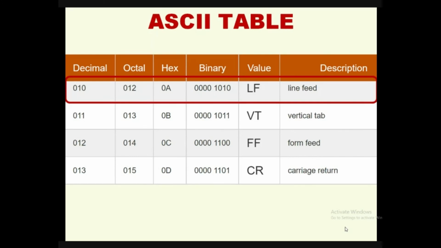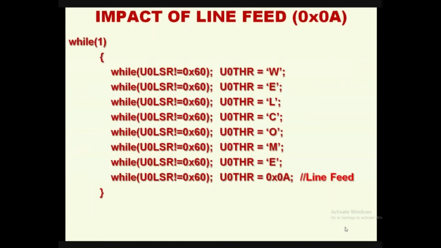Okay, so what do you mean by line feed? Line feed, the name itself justifies feeding the line. It goes to the next line. So 0A is line feed, and let us look at this code. The impact of line feed, that is when you give 0A, for making us understand, we are going to type welcome.